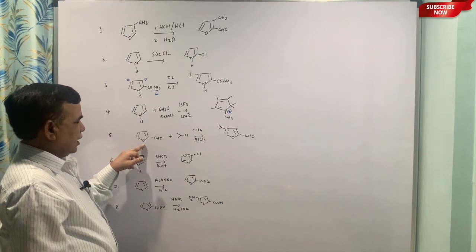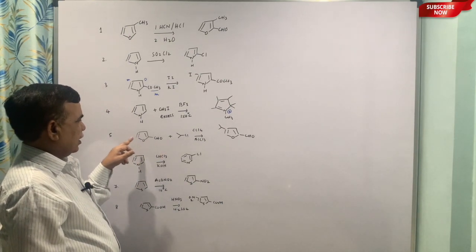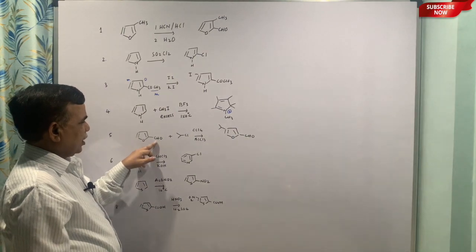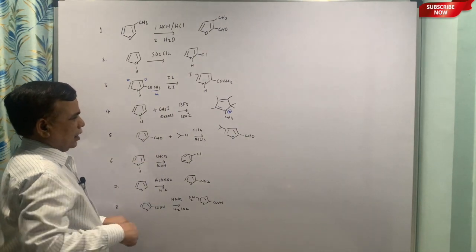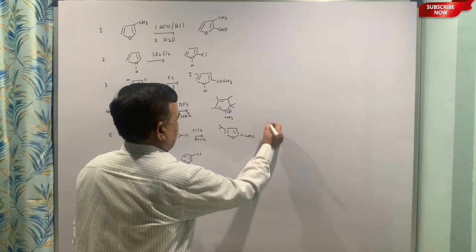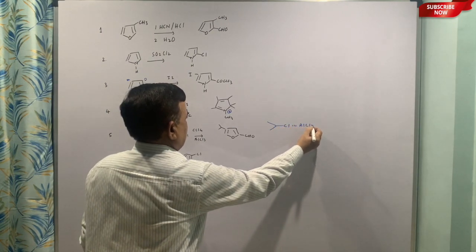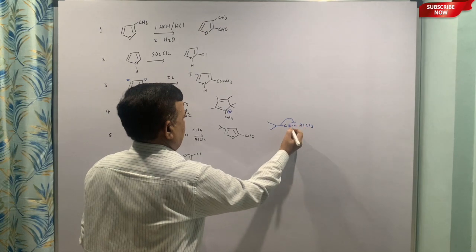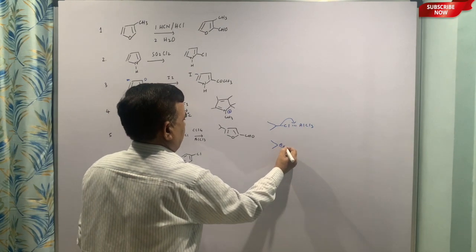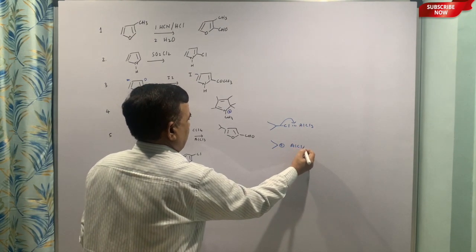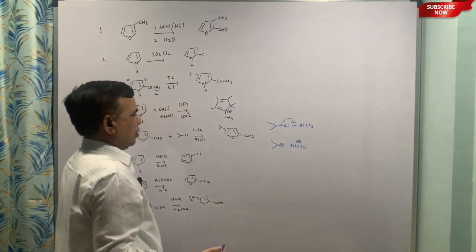But in this case, in Pyrrole you get the meta substitution because this is a meta orienting group, and the ordinary mechanism suggests that if I complex this with AlCl3, there will be formation of an ion pair complex.